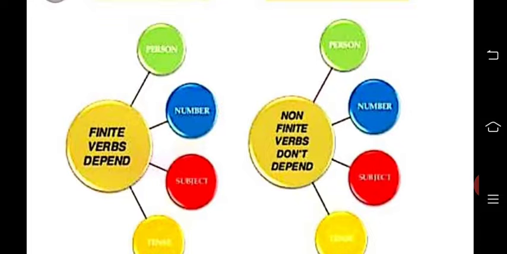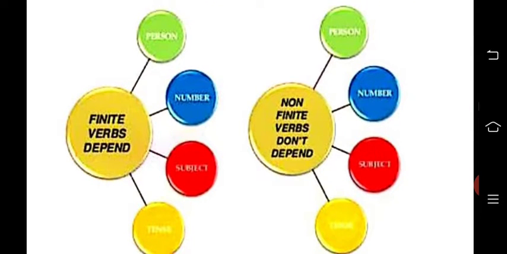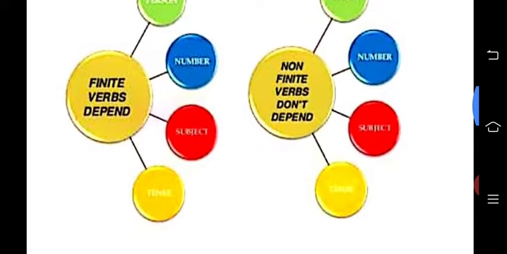Finite verbs depend on person, number, subject and time, whereas non-finite verbs don't depend on person, number, subject and time. Got it? So the finite verb has a subject, shows a tense form and depends upon person, number, subject, time, whereas non-finite verbs don't depend on the person, number, subject and time.